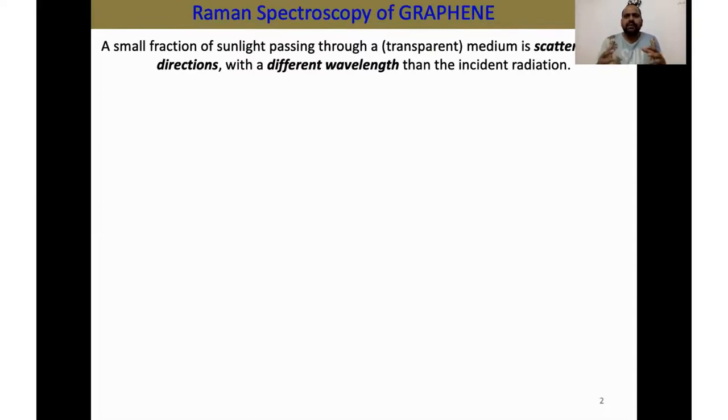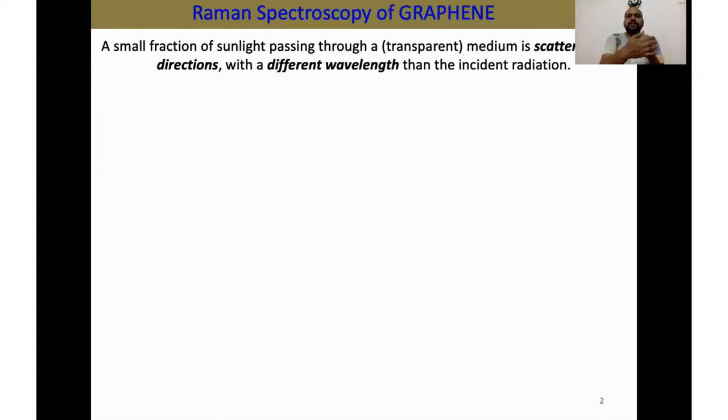Let's say we have one light source which is interacting with the material. There are three possibilities. One, the material may absorb some part of the light. Second, it transmits some part of the light. It is also possible that there may be some scattering of the light.